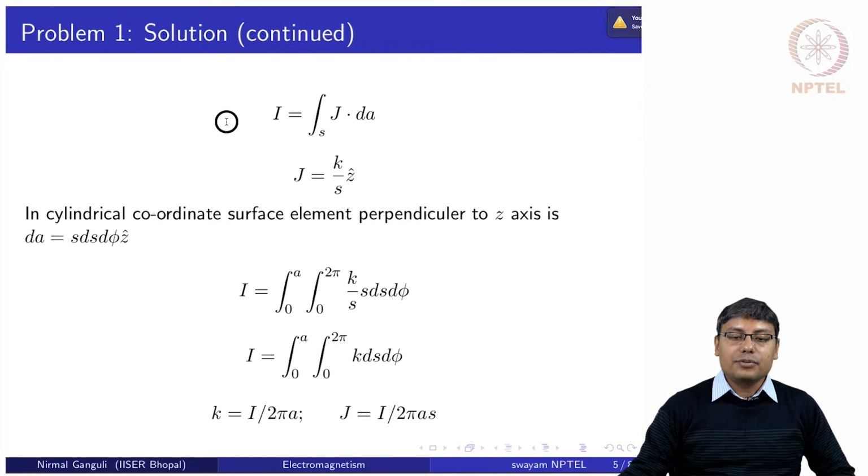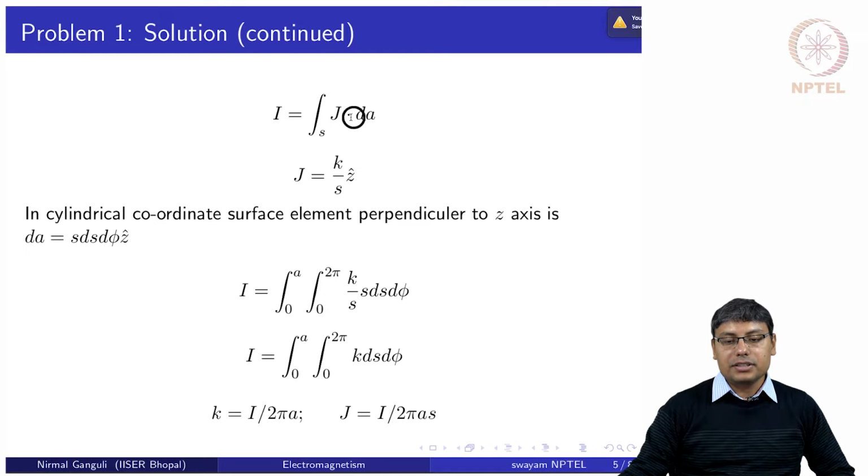So, you can perform the integral this way. I becomes the surface integral of J dot dA, and J is given as k over s along the z cap direction, and in cylindrical coordinate system the surface element perpendicular to z axis would be s ds d phi z cap.